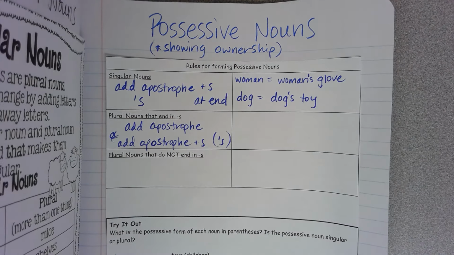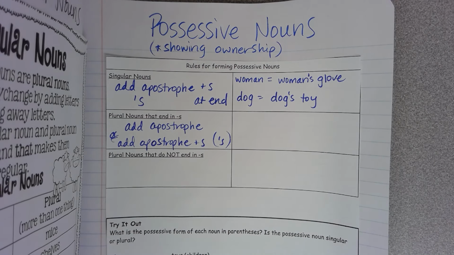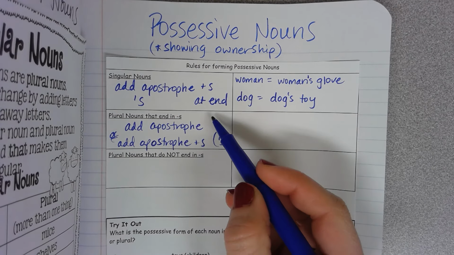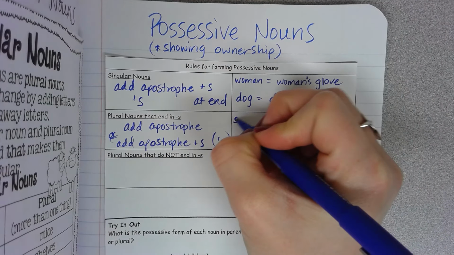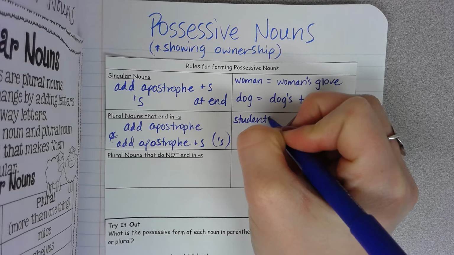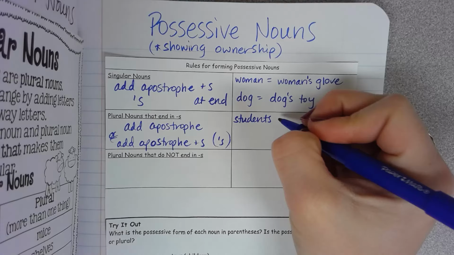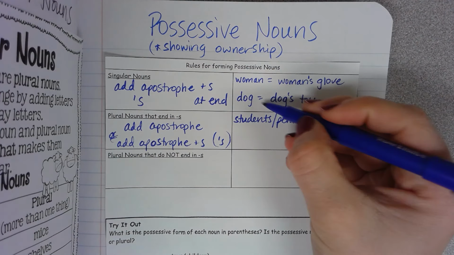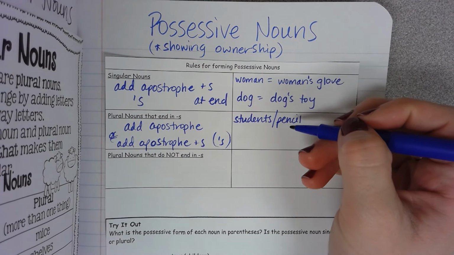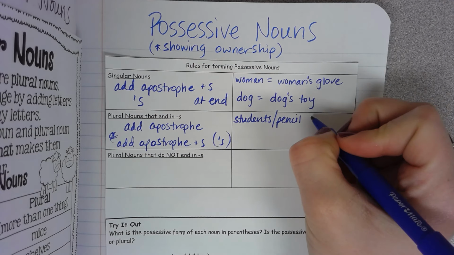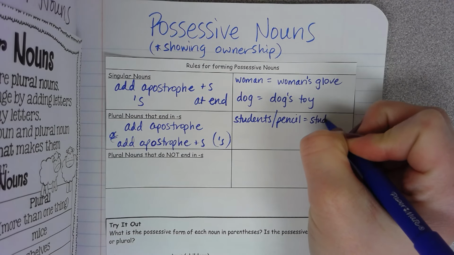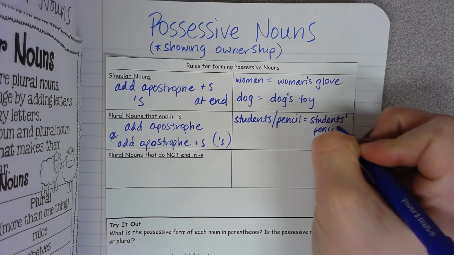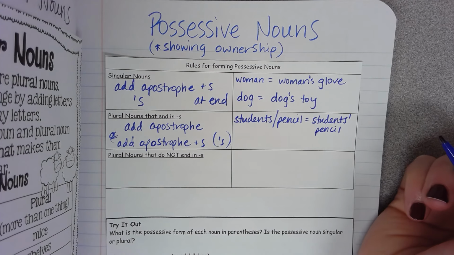Now, you were probably taught to just add an apostrophe at the end if the plural noun ends in an S. So let's say students, and they're owning a pencil. Now more than one student is owning a pencil, so you could add an apostrophe S at the end. Or no, sorry, just an apostrophe to show it's their pencil. They are all owning the pencil.